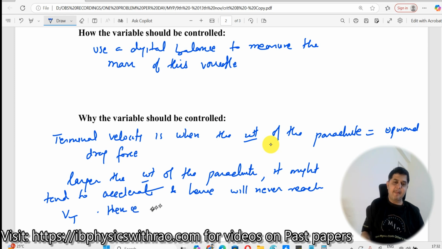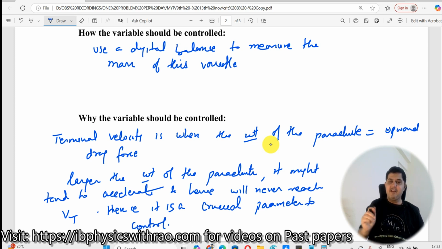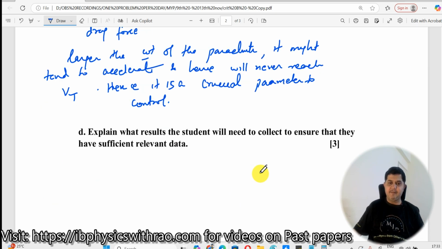Hence, it is a crucial parameter to control. Okay. So you should mention all of these things.